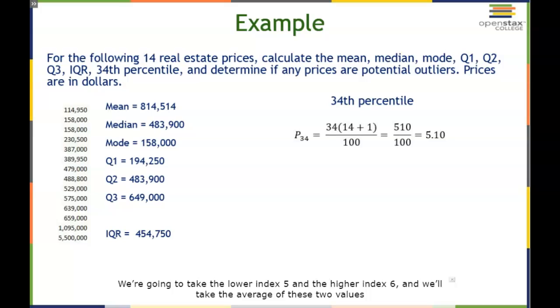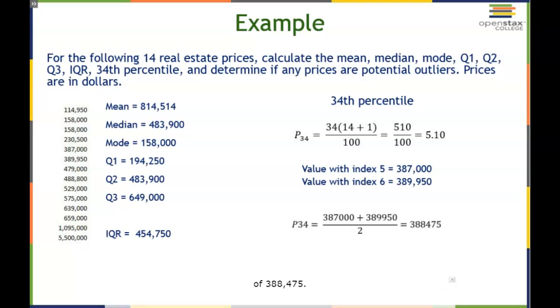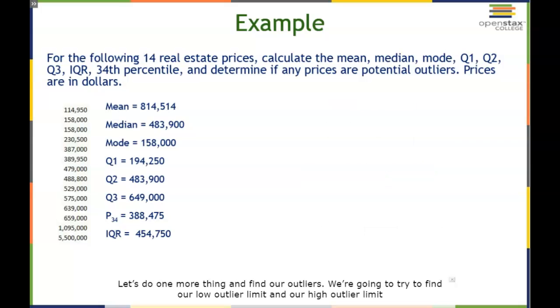We're going to take the lower index, 5, and the higher index, 6, and we'll take the average of these two values that are sitting in those positions of 5 and 6. Once we do that, we get the 34th percentile of 388,475.